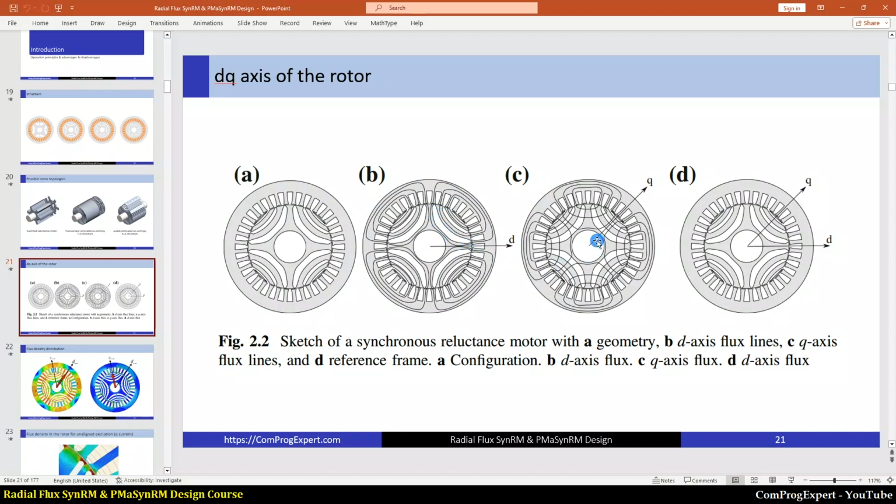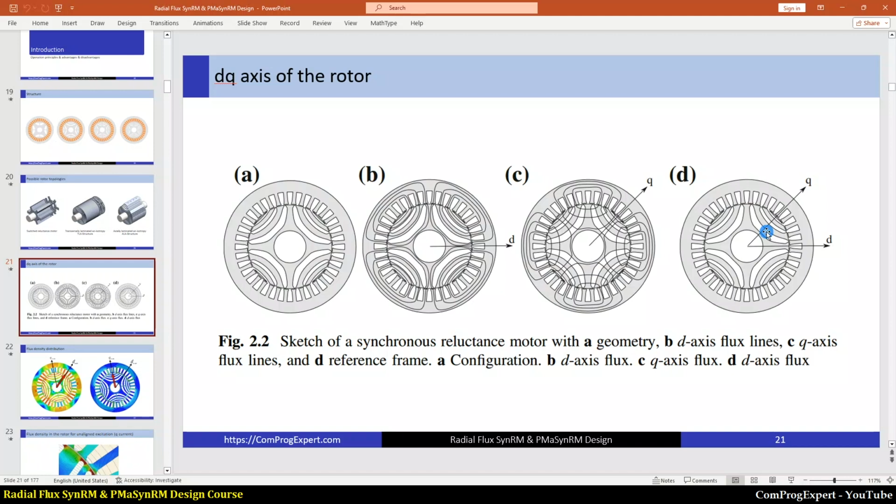And in this case, we only have Q current, so the flux lines are perpendicular to the flux barrier layers. So we will consider this convention for the D and Q axis of the rotor core.